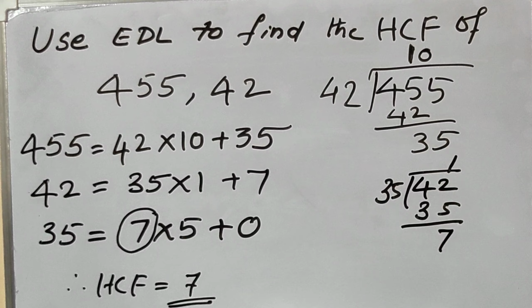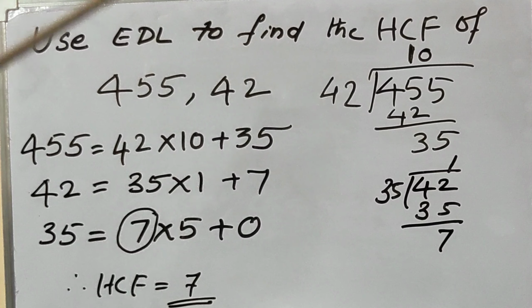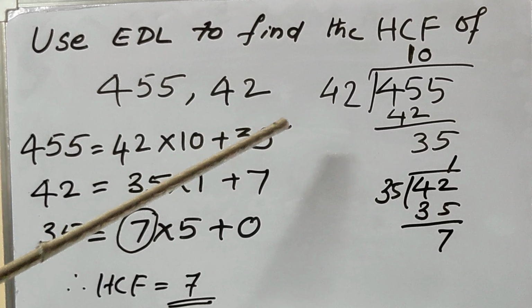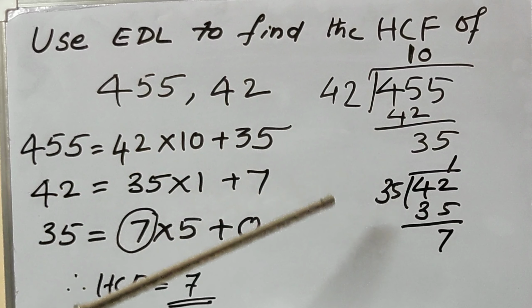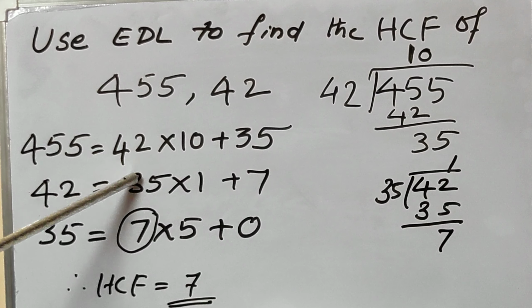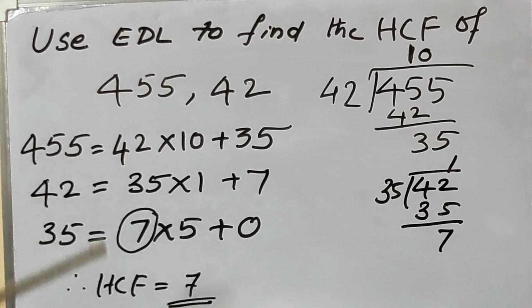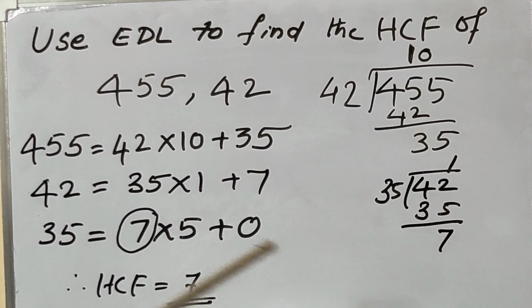I'll say once again, 455 and 42 are the given numbers. By long division, you can divide 455 by 42 and we get the quotient as 10 and remainder as 35. So 455 is written as 42 × 10 + 35. In the next step we take 42 and 35 and divide. We get the quotient as 1 and remainder as 7.